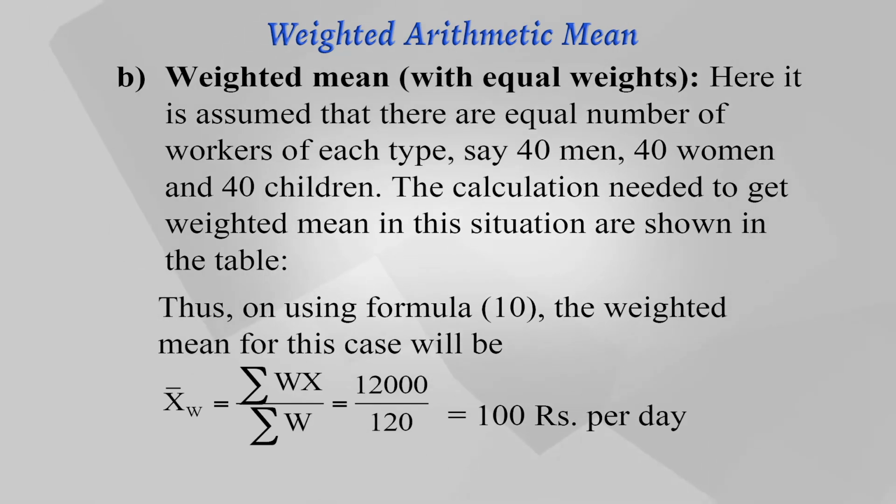So, 40 multiplied by 120 plus 40 multiplied by 100 plus 40 multiplied by 80, divided by the total number of workers, that is 40 plus 40 plus 40, which is 120. The average wage comes to 100 rupees per day.